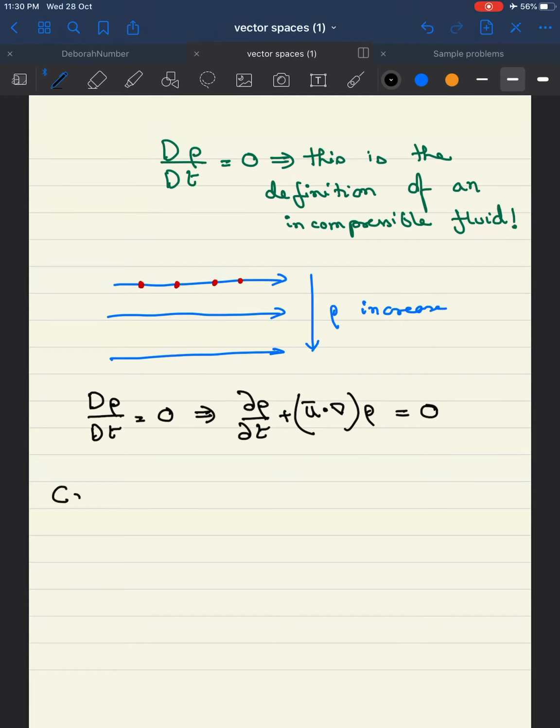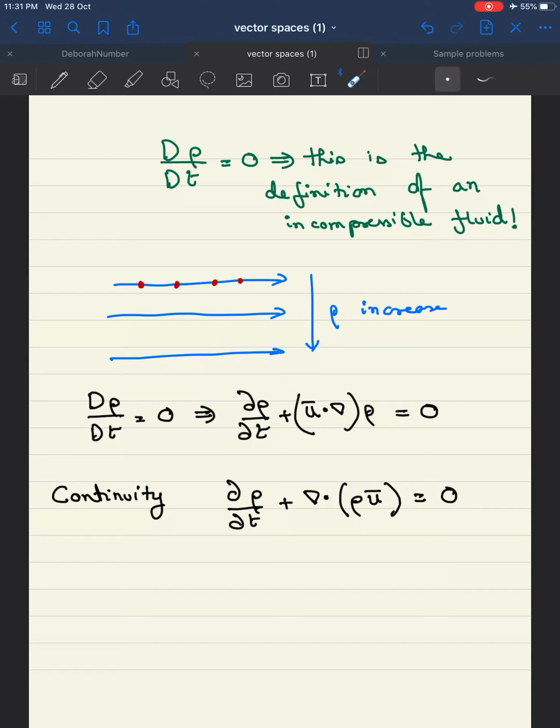Now continuity, which is a separate equation, is del rho by del t plus del dot rho u equal to 0, right?